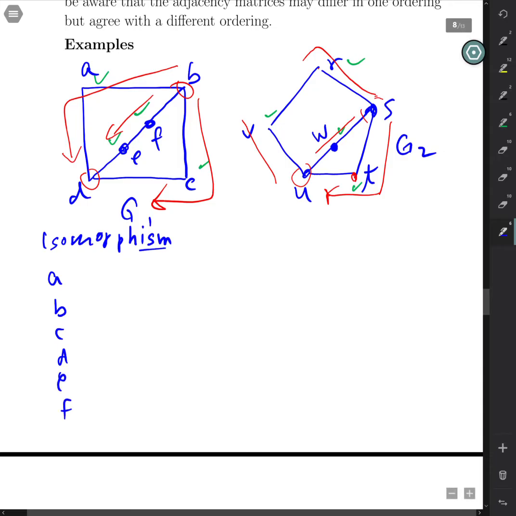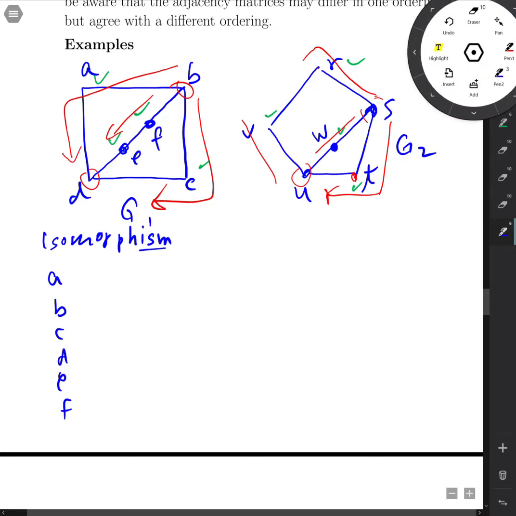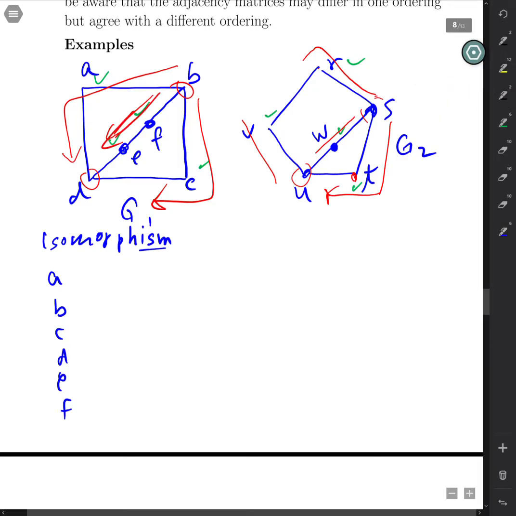What I'm suggesting is that we'll go from B to D by way of F and E. That would correspond to going from S to W by passing through R and V, or S to U passing through these two right here of degree 2. So that would mean B would correspond to S in this scheme.